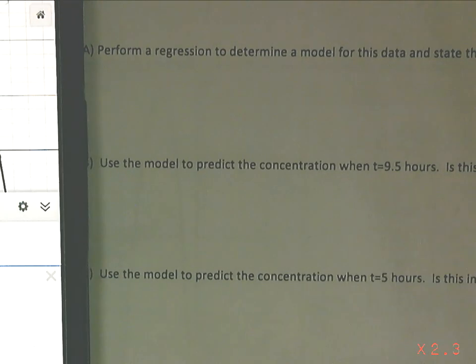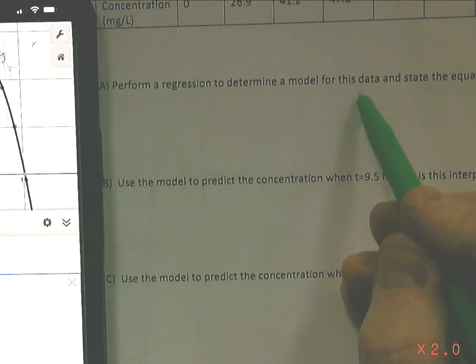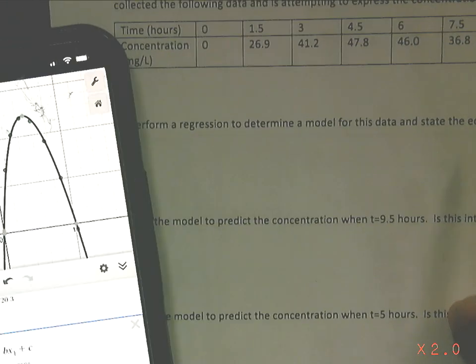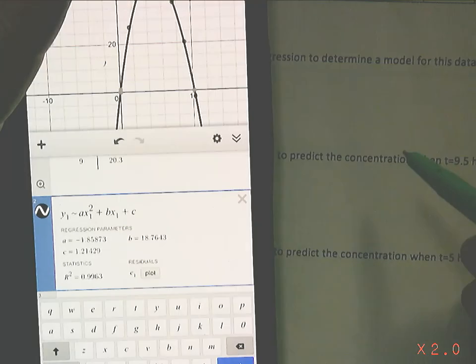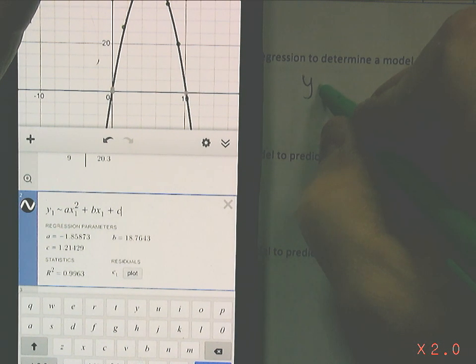So first question is, it says perform a regression to determine the model for this data and state the equation. Well, we just did that. I'm just going to literally copy this right here. So you can do it two ways. You could do it this way. I prefer this way personally.